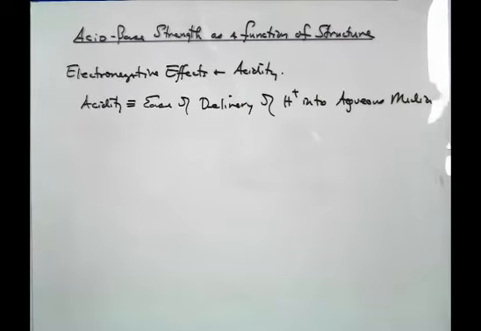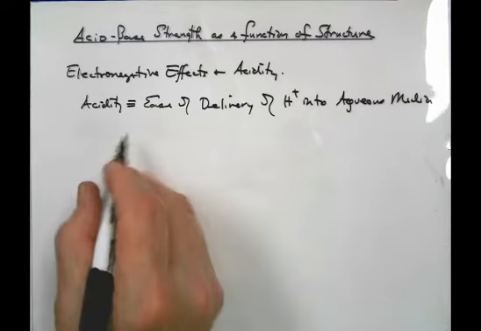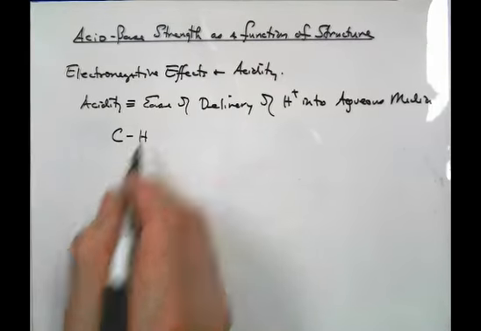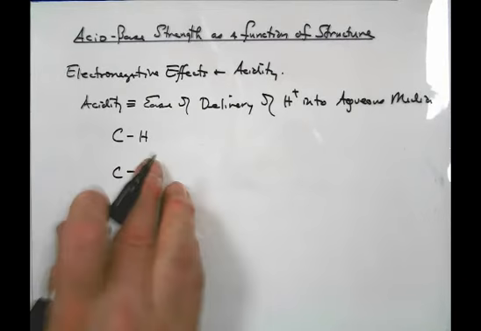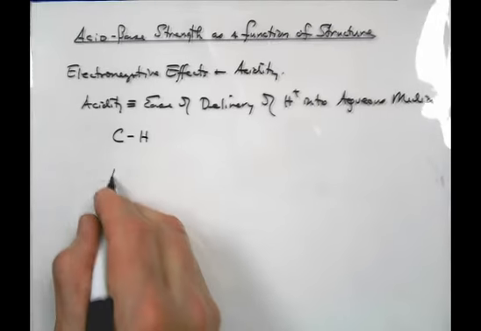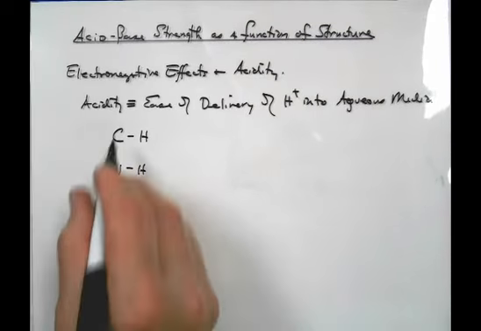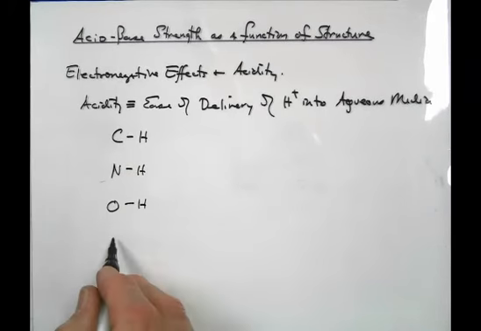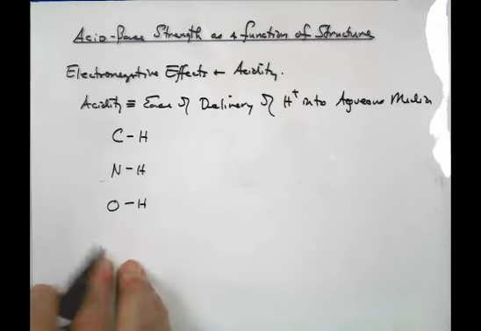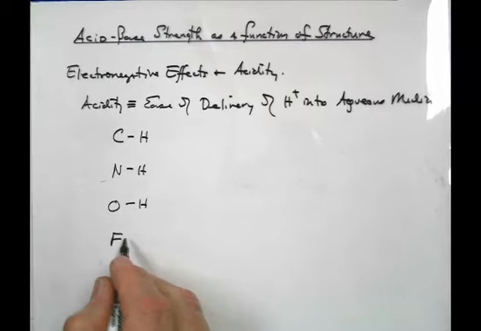So if we look at a series, carbon, hydrogen, nitrogen, hydrogen, carbon, nitrogen, oxygen, hydrogen, and say fluoride, we'll just use fluoride as a halogen, hydrogen.